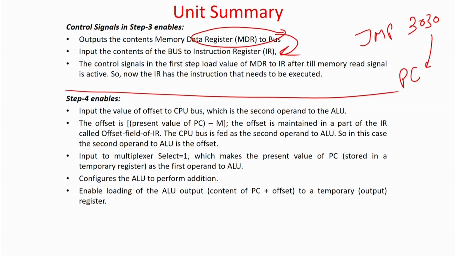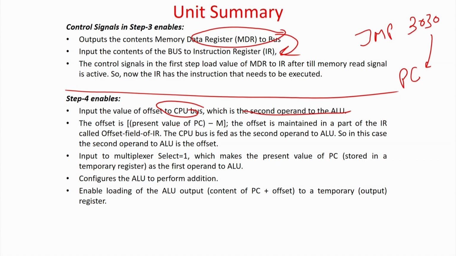So, what we do? Input the value of offset to CPU bus, which is the second operand of the ALU. Now, we will see what you mean by an offset. The offset basically is a part of the instruction register which actually goes to the CPU bus. So, what is an offset? Offset is present value of PC minus M, and you generally take the positive value out of it.